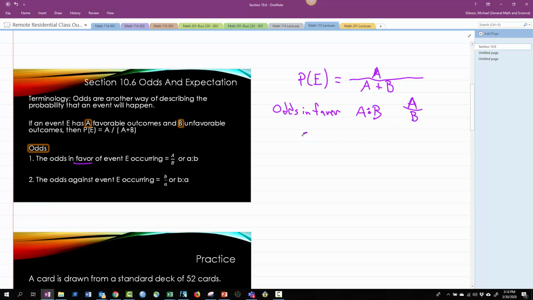And then odds against, it's the same two numbers, but you put the number of ways it doesn't happen first, right? Okay. So when you see odds in favor or odds against in a question, you just have to count them up and put them in.